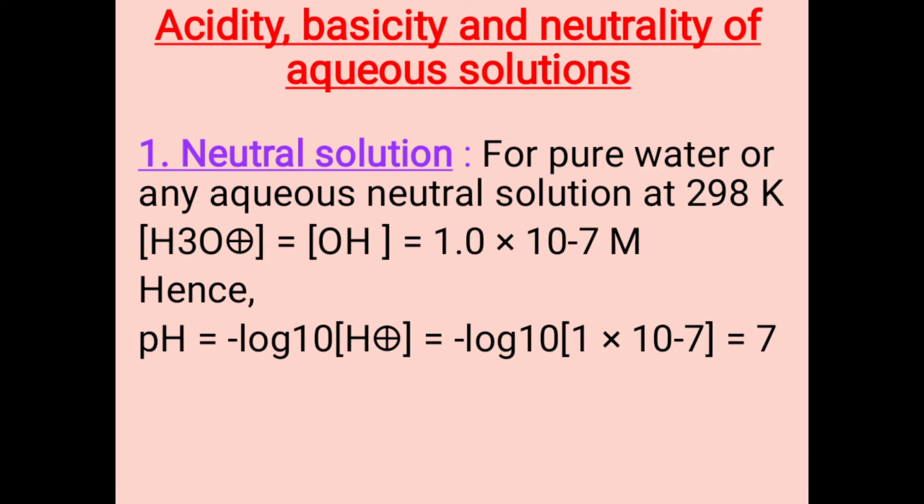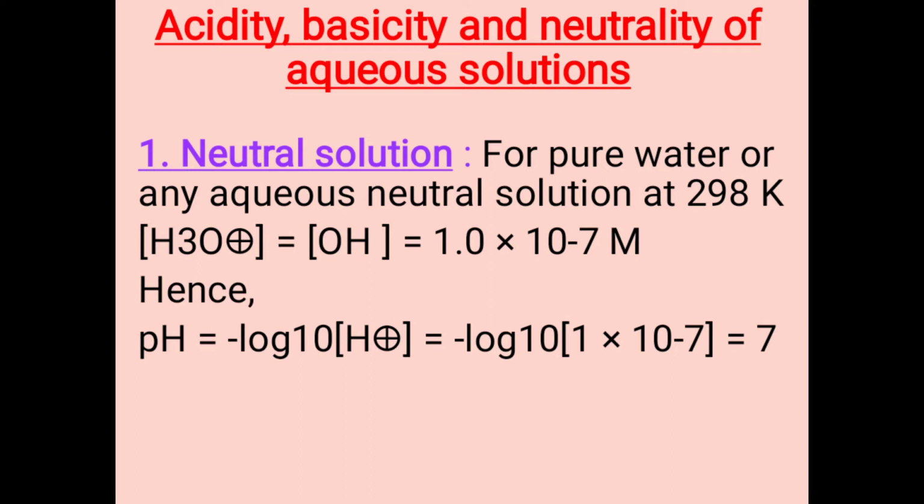So the concentration of H+ ion and OH- ion in a neutral solution is the same, that is 1 × 10^-7 molar. Hence pH is equal to minus log to the base 10 of the concentration of H+ ion, which is minus log of 1 × 10^-7.